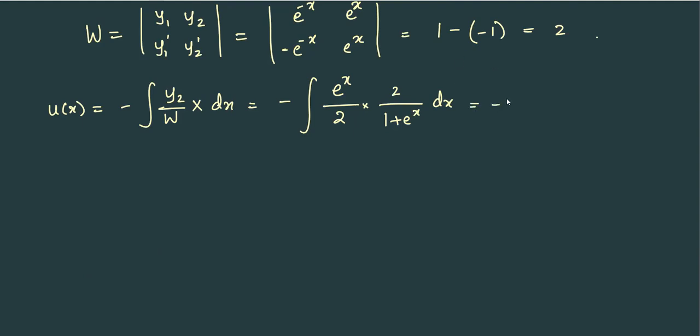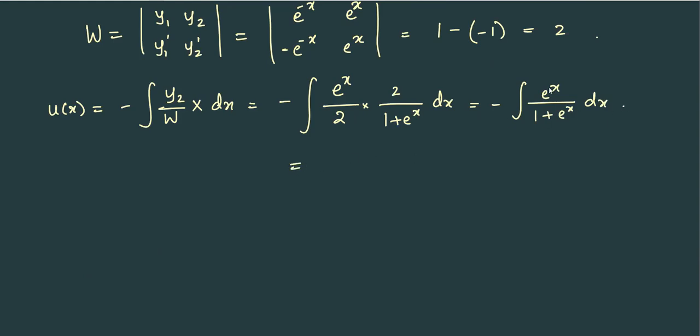So we get minus integral e power x by 1 plus e power x dx.